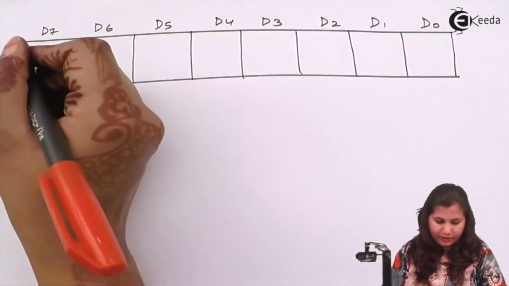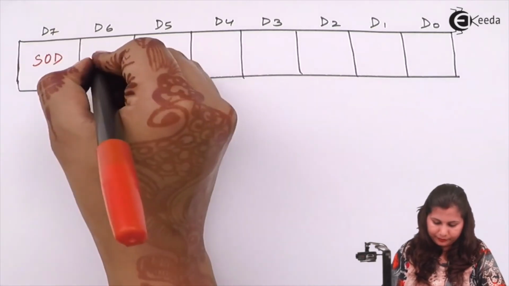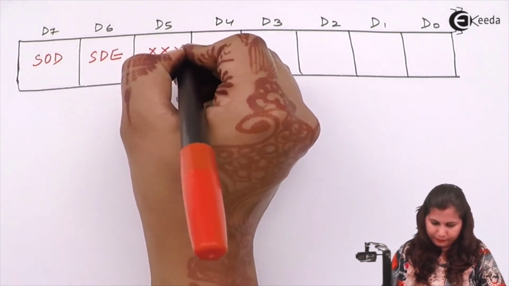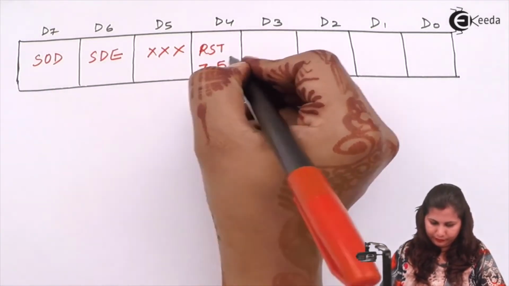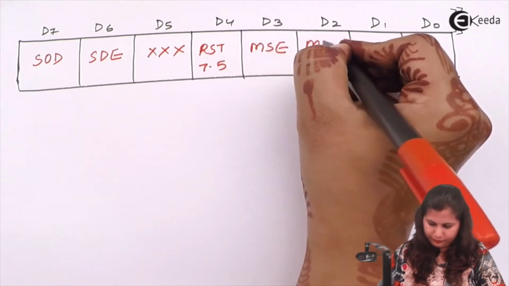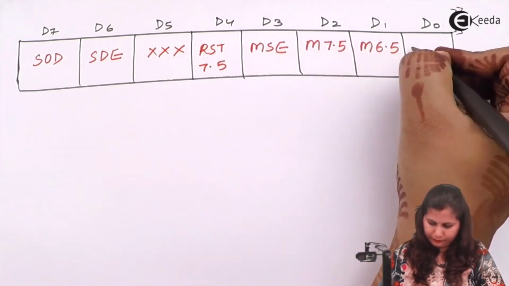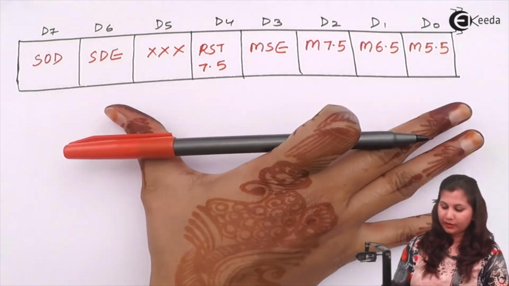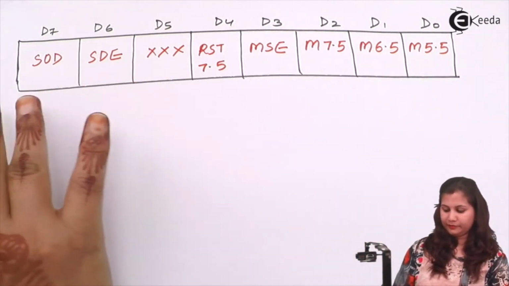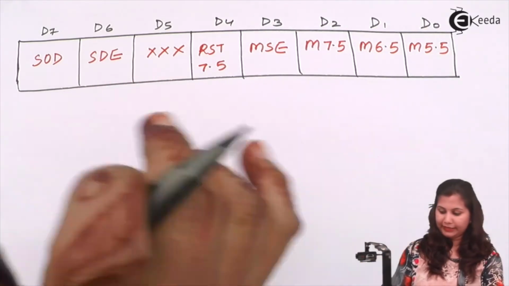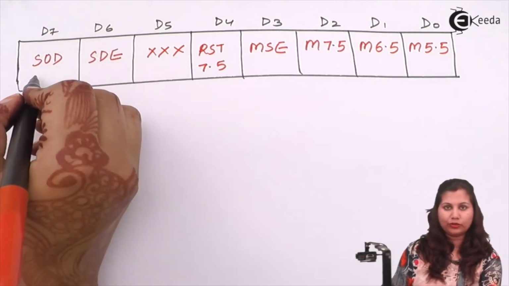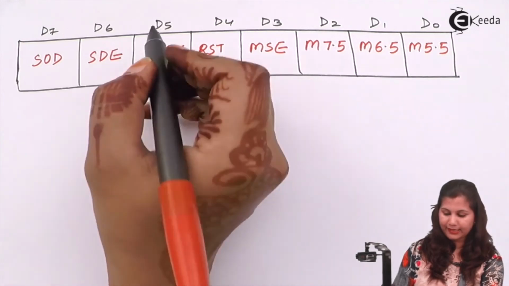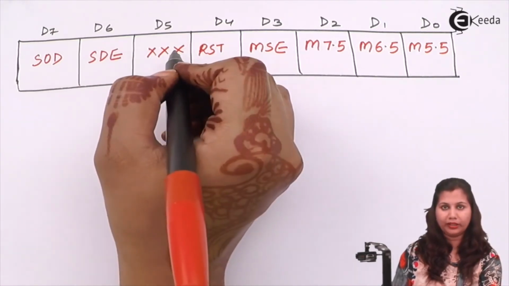Now these 8 bits are specified like this. D7 is the SOD bit, D6 is SDE, D5 are the don't care bits.